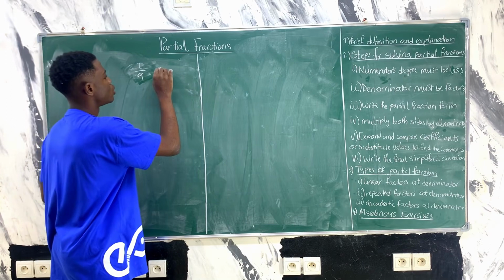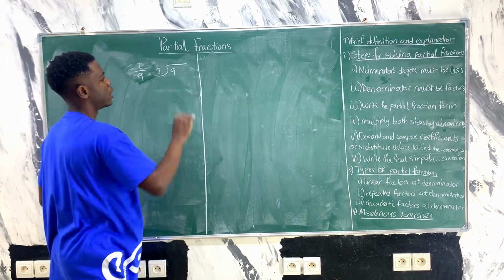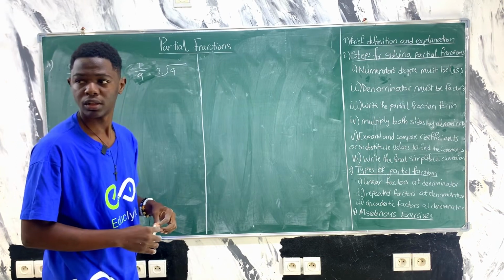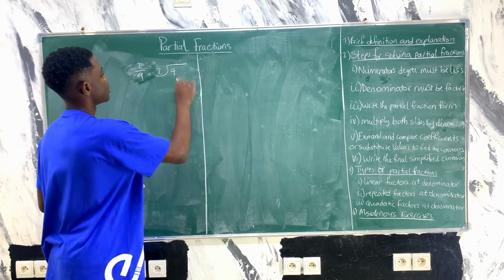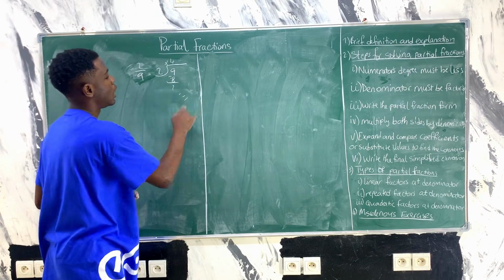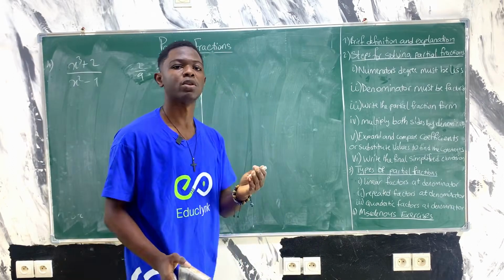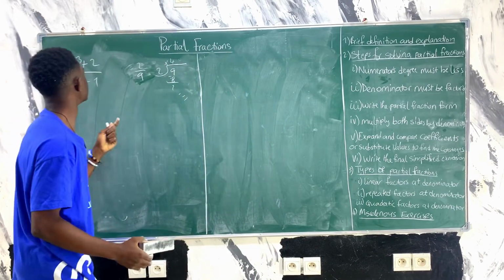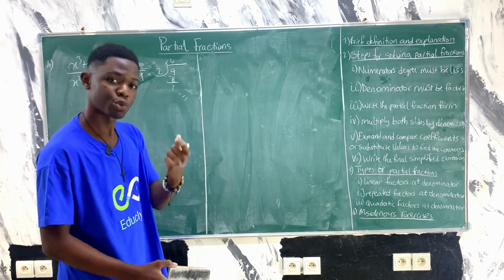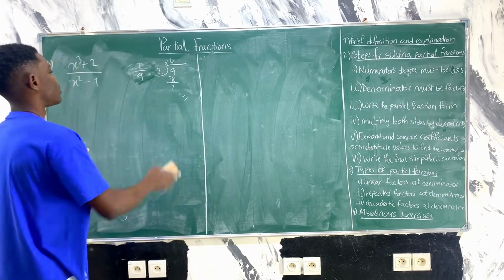So you are going to do 2 and 9. You are going to see that it is 4 times, then you have 8, 1, and so on. So the thing is, you have to go through the long division method to make the degree of the numerator smaller than the degree of the denominator.